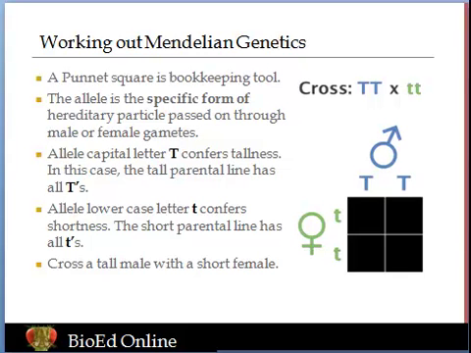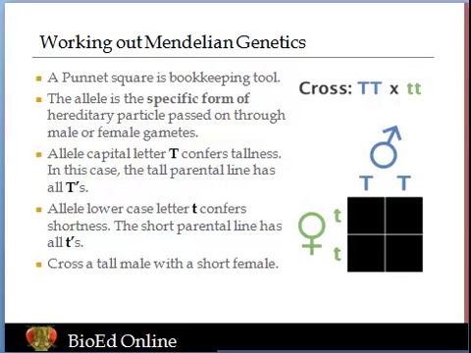Thus all individuals of our tall line have only T alleles, and all of the individuals of our short line have only lowercase t alleles. The allelic combinations, or genotypes, of the tall individuals are uppercase T, uppercase T, and the genotypes of the short individuals are lowercase t, lowercase t.